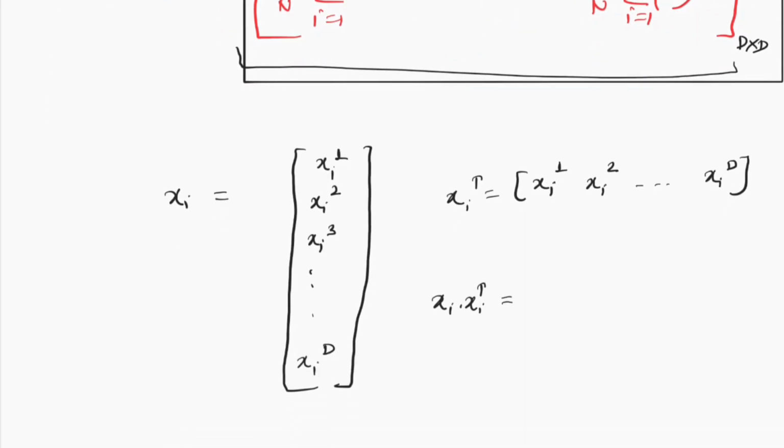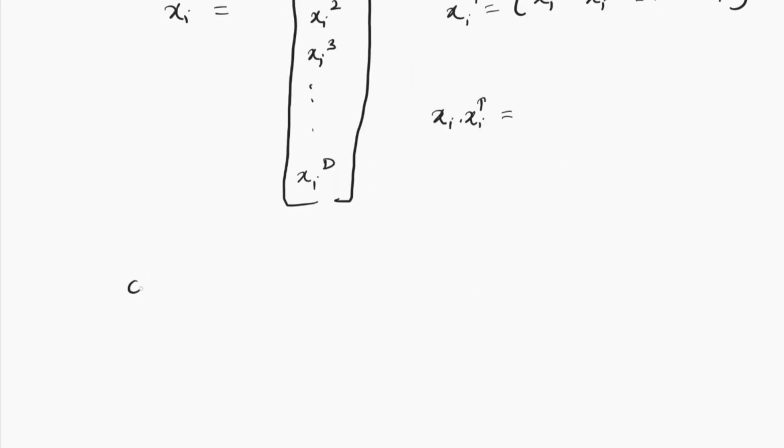Let me further simplify. What is the covariance matrix? Let us say we have only two dimensions, x and y.